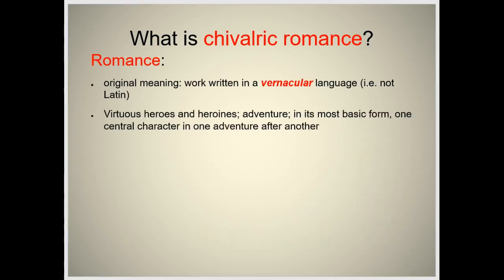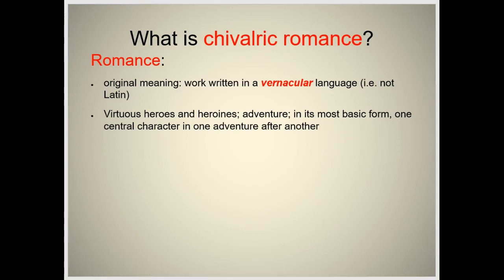Romance, generally, beyond just chivalric romances, features virtuous heroes and heroines and adventure. In its most basic form, there's one central character in one adventure after another. And this is something the modern romance novel has in common with the ancient and medieval romances.